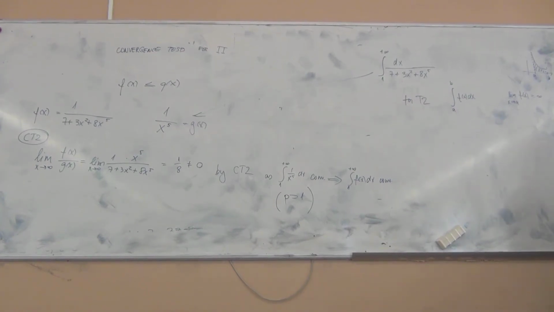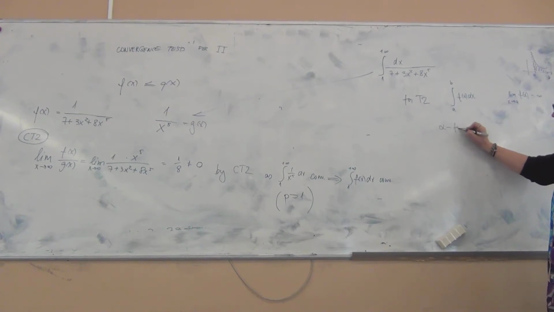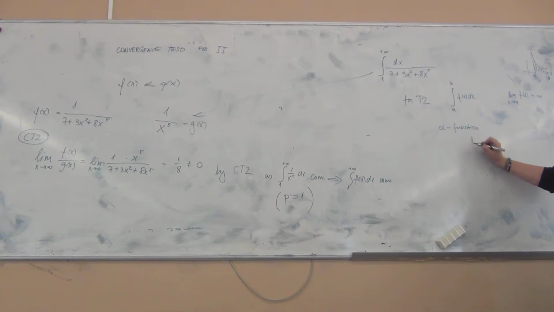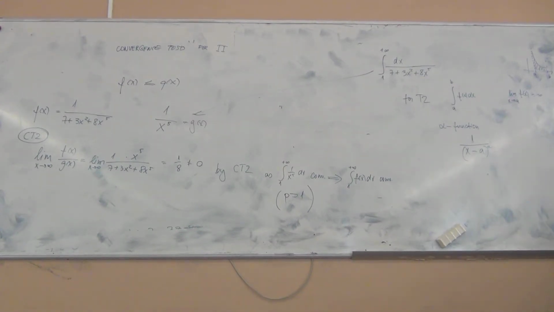In that case, a very good function for comparison is the alpha function, which looks like this: 1 over x minus a to the power alpha. But it's the other way around with the alpha function.